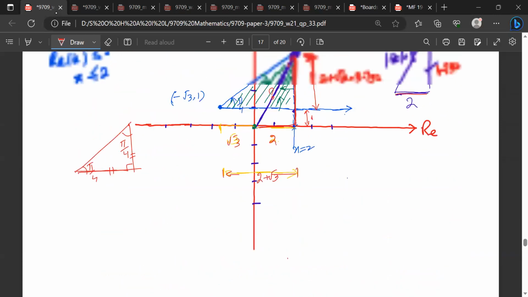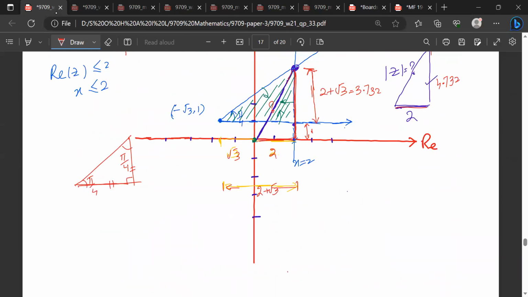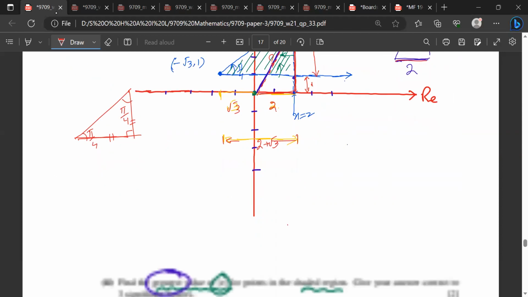Means this length. This is the greatest possible length for the modulus of z, and for all the rest of the points in this green region would be less than this modulus. Thank you.